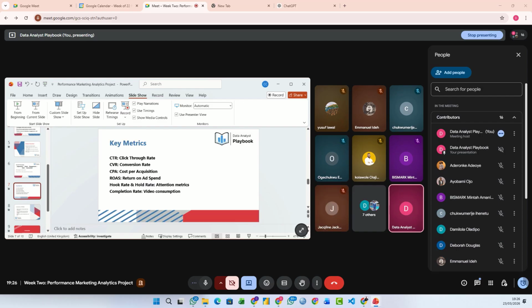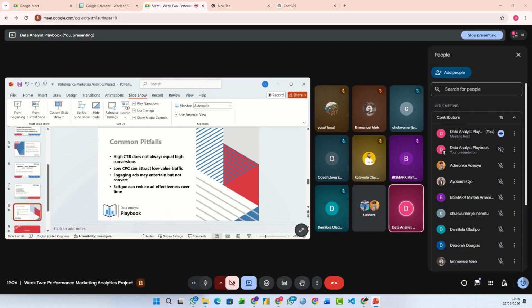So certain key metrics you find are the click-through rate, the conversion rate, the cost per acquisition, return on ad spend, the hook rate, the hold rate, which are attention metrics, then completion rates. Like I said, there are a whole lot of others.